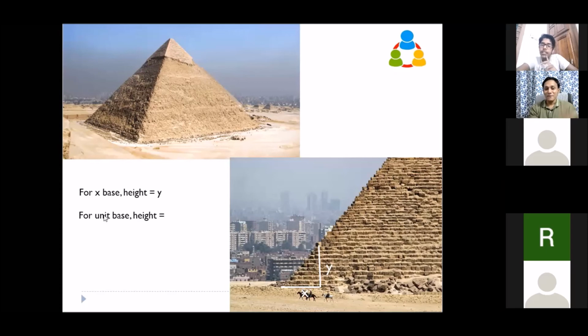Avinash, see, this is same problem as 8 toffees is 40 rupees. How much is 1 toffee? 40 by 8. So for x, a base makes y height. How much does 1 base make? Unit base. Y by x.